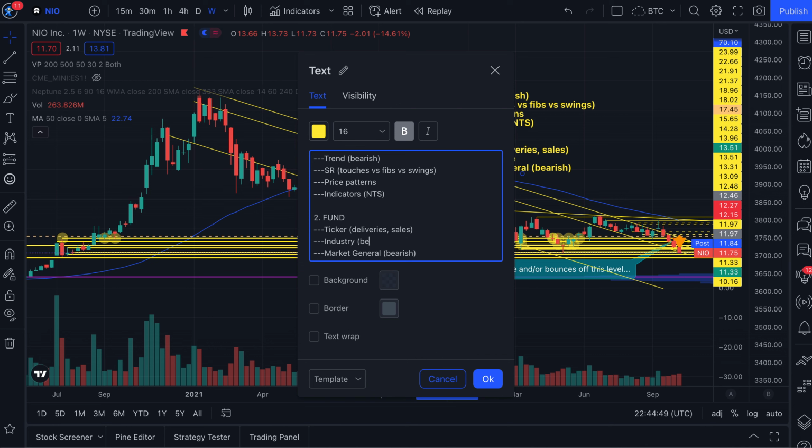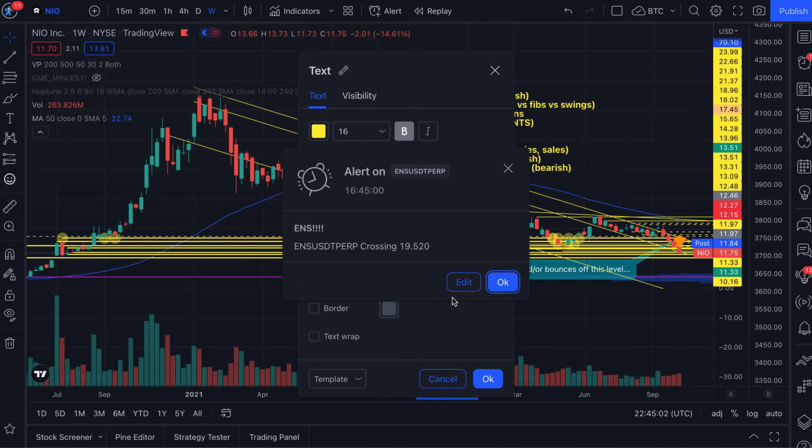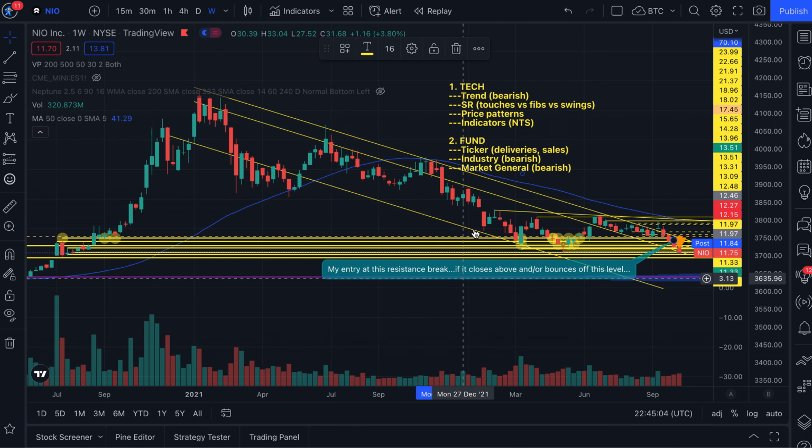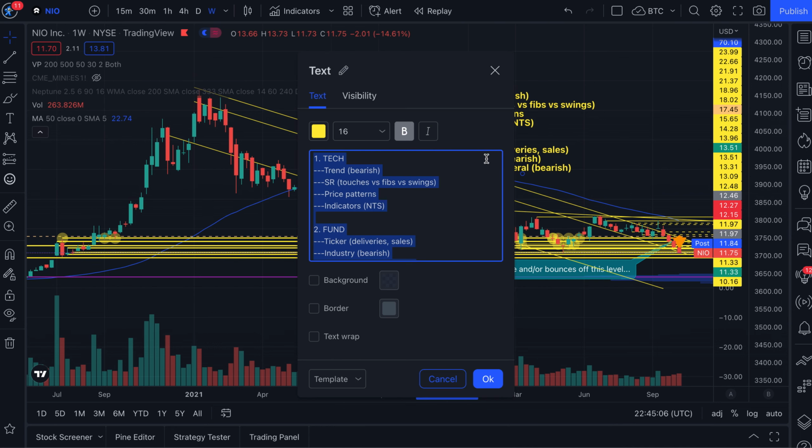There was a lot of bearish news about EVs in general, because there were supply chain issues, and also not just in terms of availability of materials, but also in terms of pricing of some of these materials. It was becoming quite a heated competition for the different EV players to get their battery materials and whatnot.